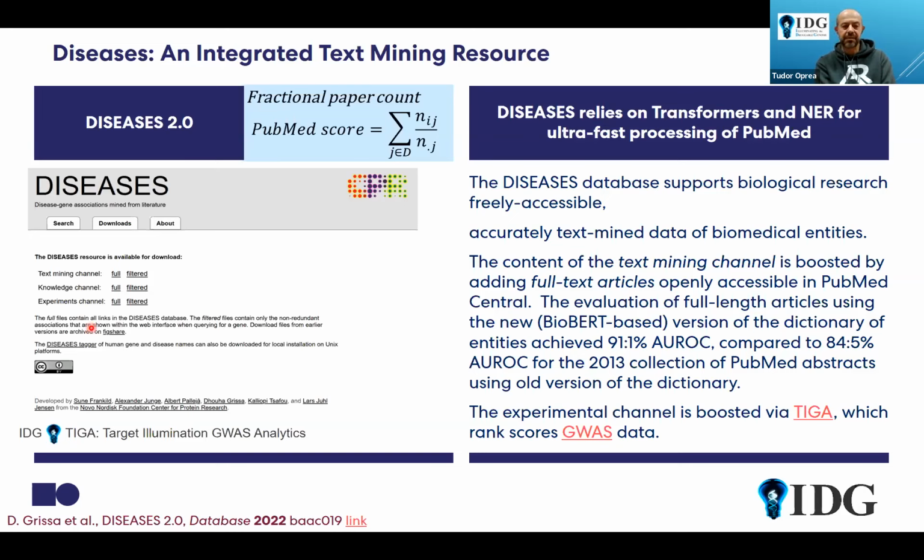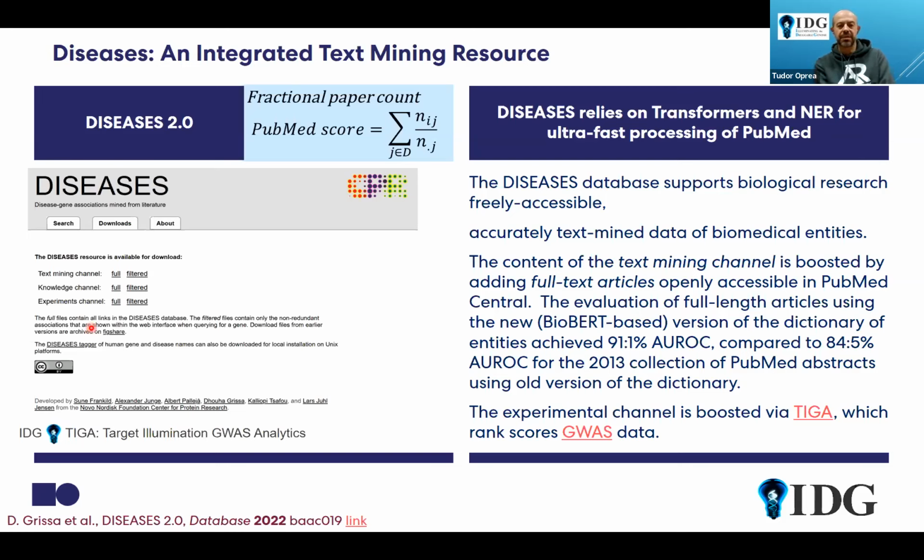It looks into full text, and also into abstracts where full text is not available. And it allows us to come up with this really cool application, which is this fractional publication count.